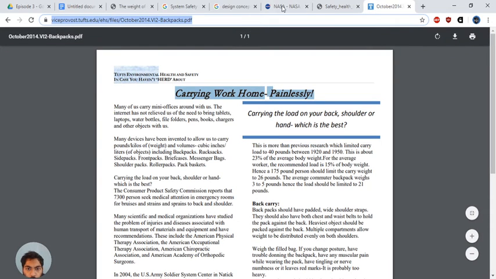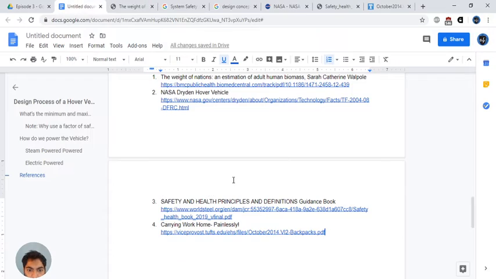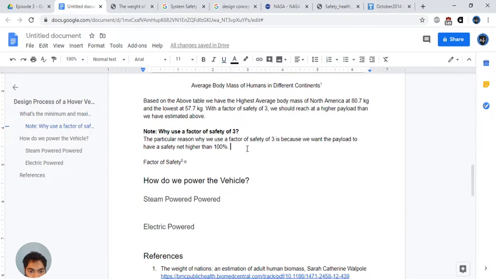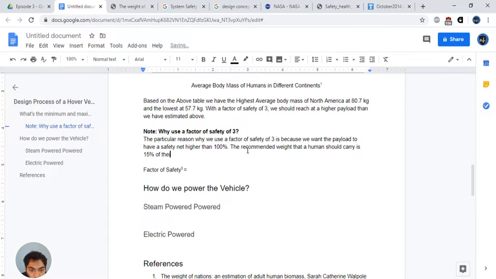Okay, so the recommended weight that a human should carry is 15% of their body weight.